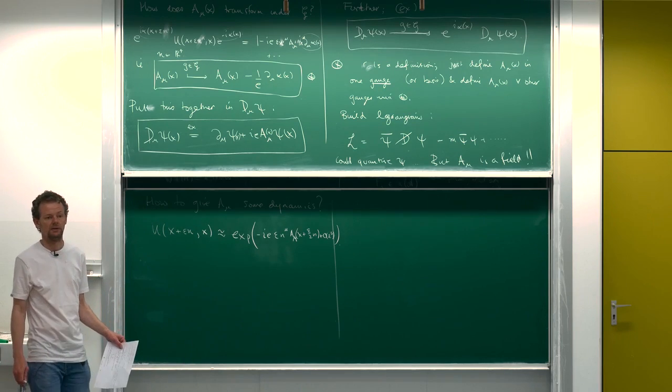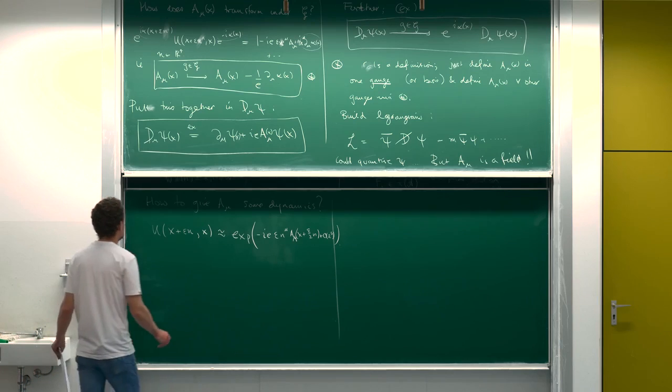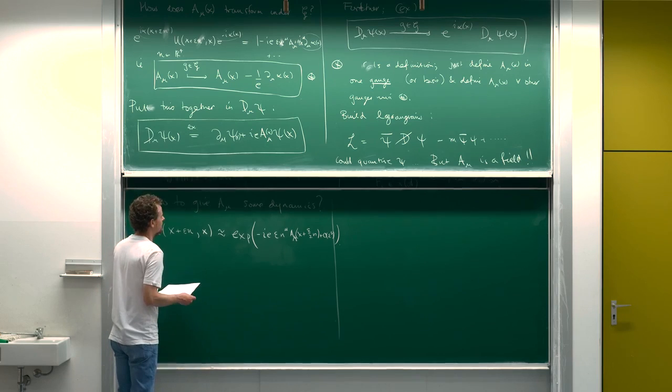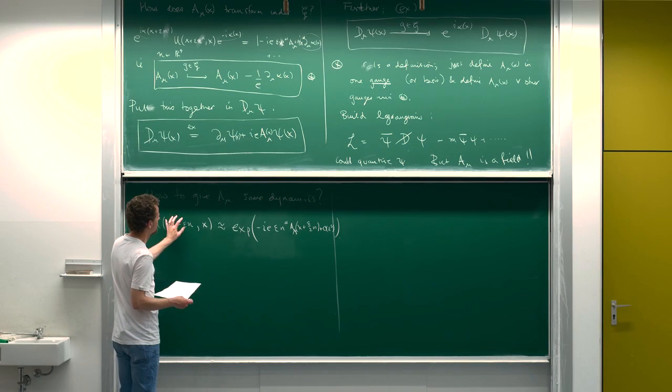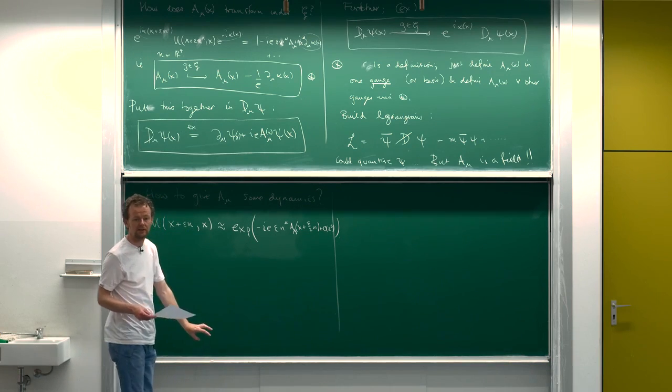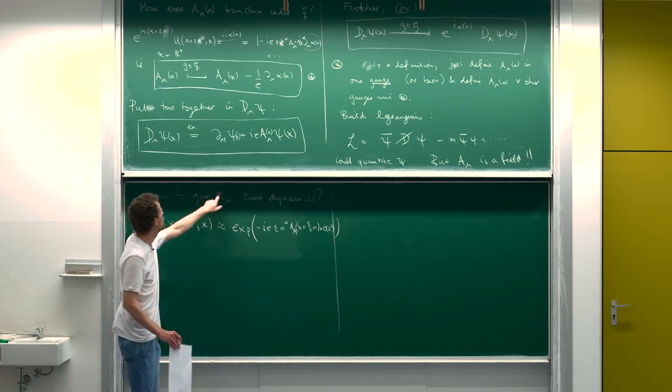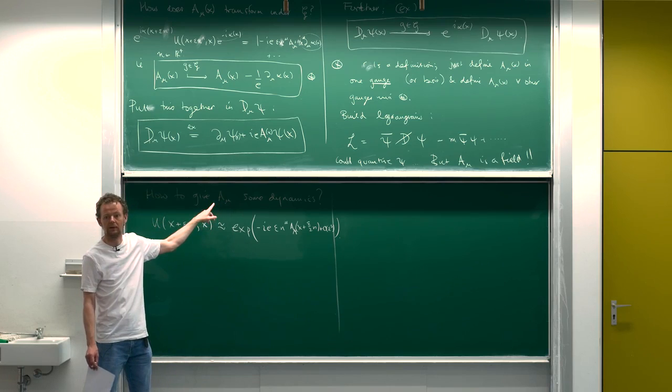We know that under gauge transformations it transforms in exactly the right way. So we're going to use this, and we're going to use one more fact to build a derivative for A mu that also transforms in the right way.